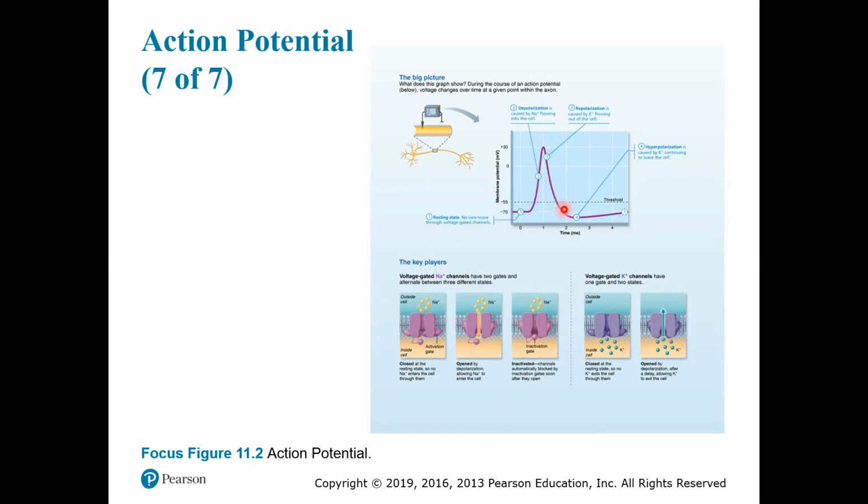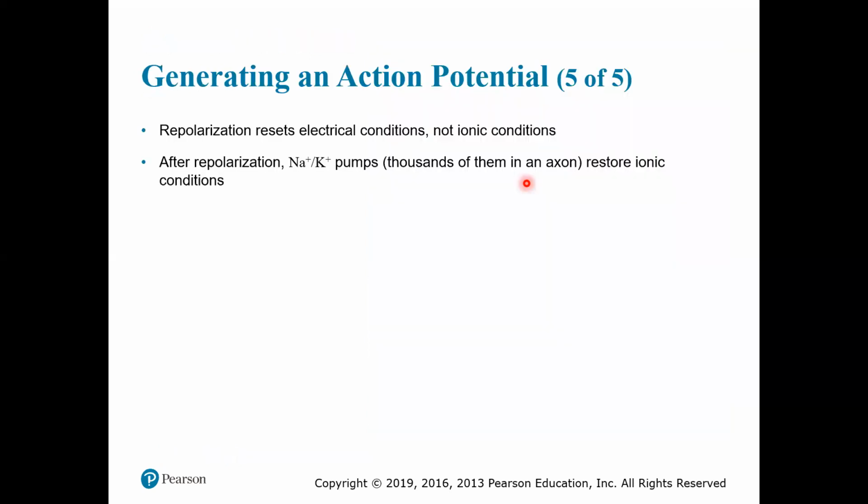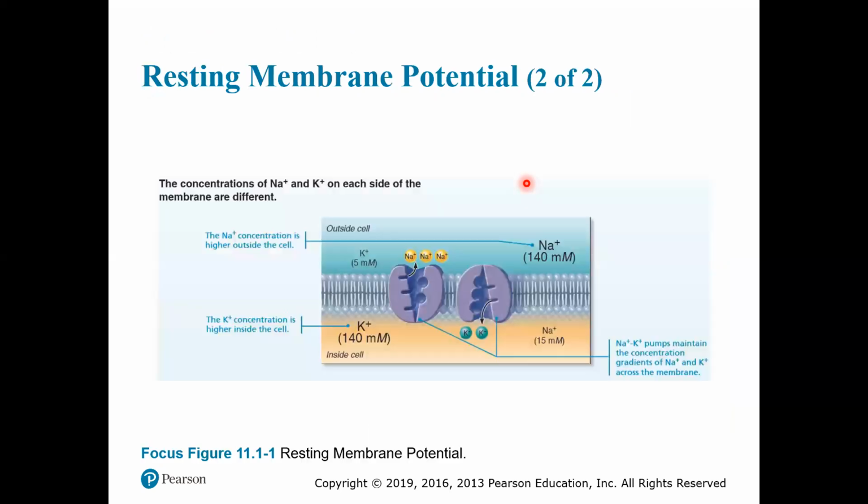And sometimes it hyperpolarizes when too much potassium leaves the cell, so the inside of the cell gets more negative than the resting membrane potential. And that's inhibiting another action potential in a way. So again, the pumps help repolarize and restore the resting membrane potential, right?